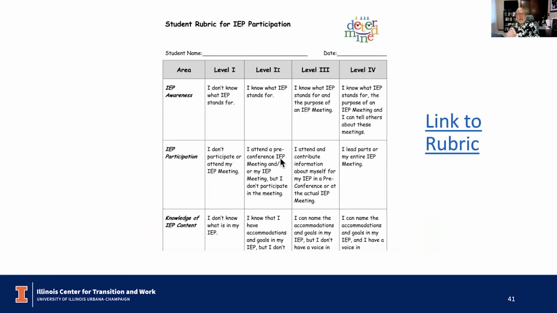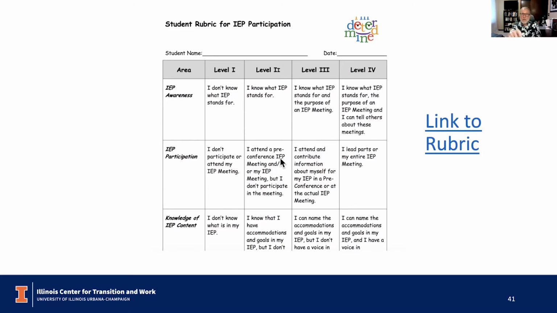One thing that a lot of teachers enjoy from the self-determination I'm Determined website is the student rubric for IEP participation. They'll go through the major steps: IEP awareness, IEP participation, knowledge of IEP content, level 1, 2, 3, 4.